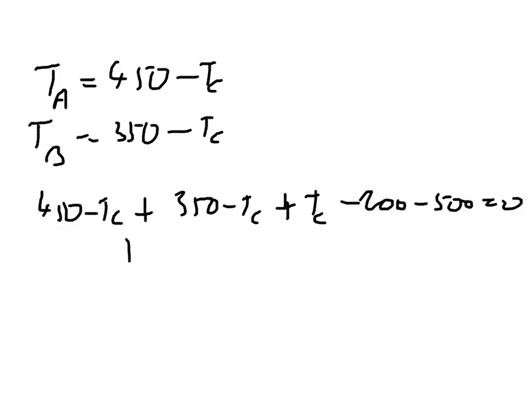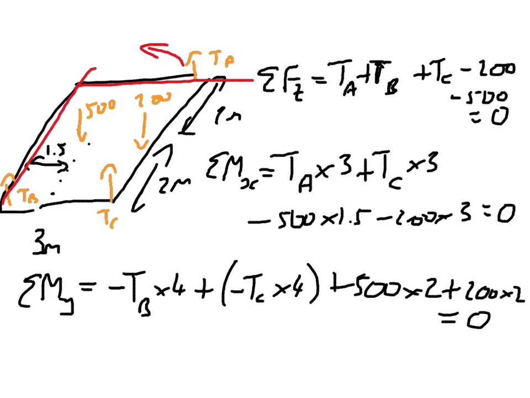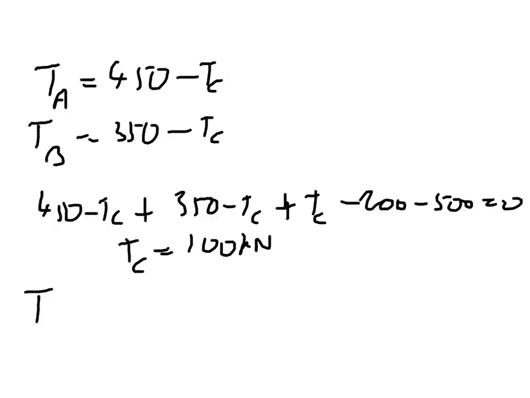So TC comes out as equaling 100 kilonewtons. Once we've done that, we can substitute TC back into the sum of the moments in X and the sum of the moments in Y. And we can rearrange to find TA equals 350 kilonewtons and TB equals 250 kilonewtons.